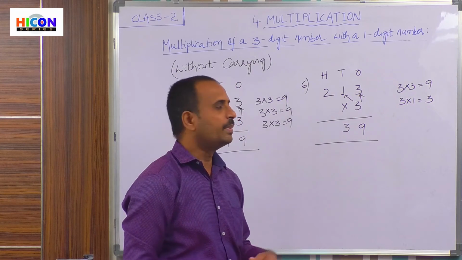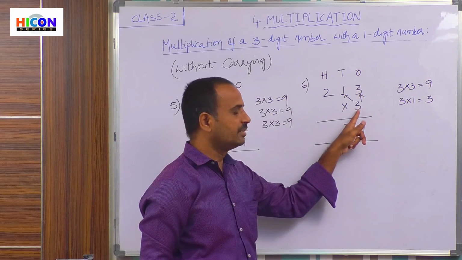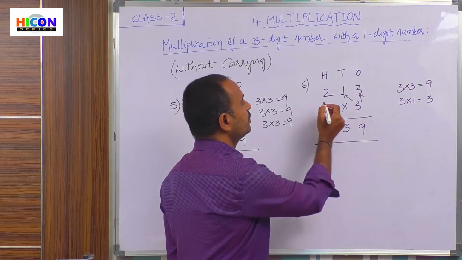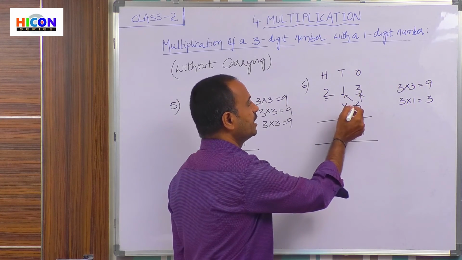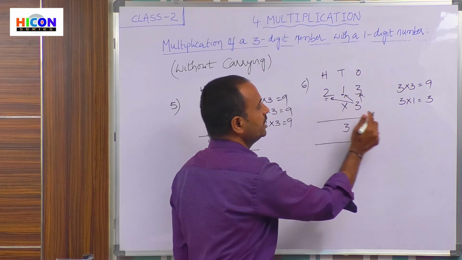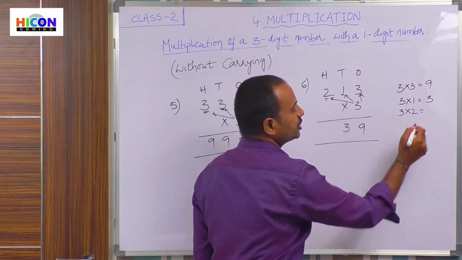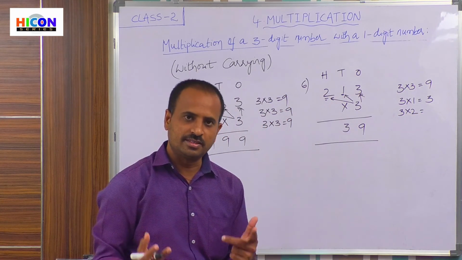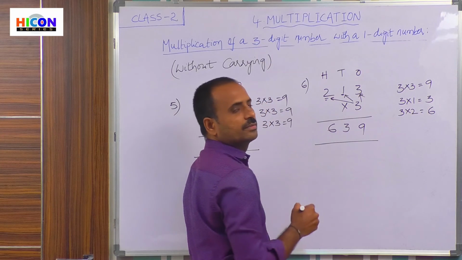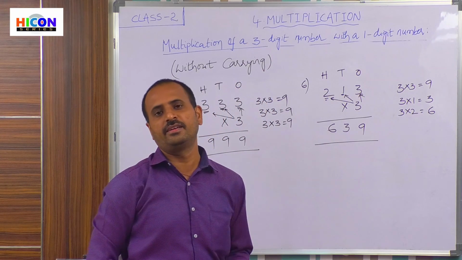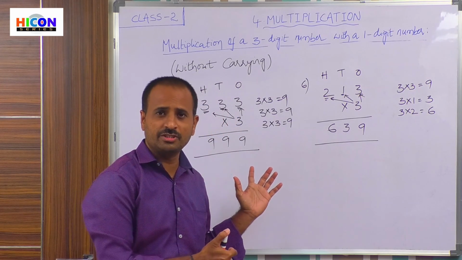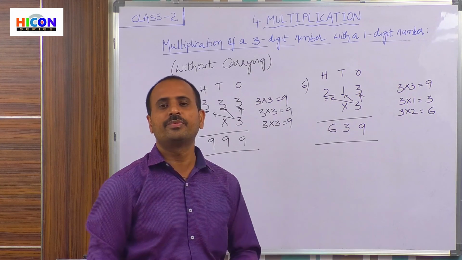Now go to hundreds place. 2 is present in hundreds place, and multiply 2 with 3. 3 twos are 6, and write this 6 under hundreds place. The answer is 639.